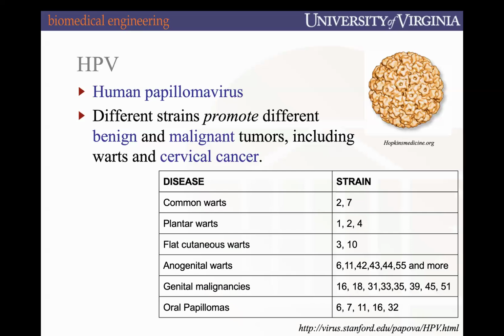However, the strains associated with cervical cancer or head and neck cancers are identified as malignant tumors. The difference between benign and malignant boils down primarily to how invasive that tumor is, and its ability to spread from the original lesion to other tissues.